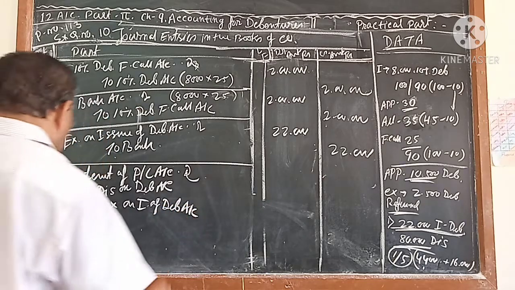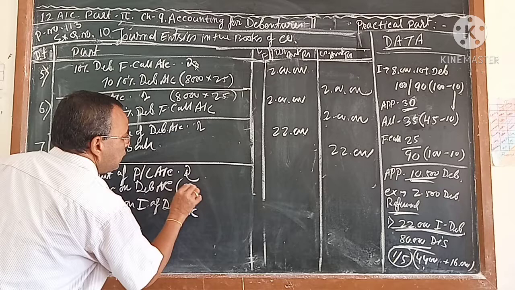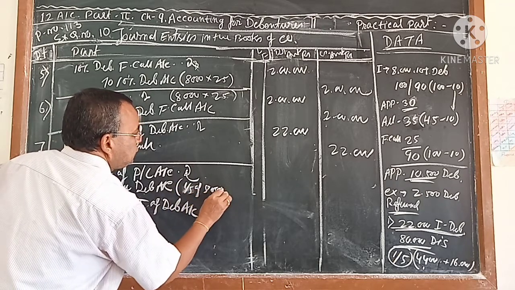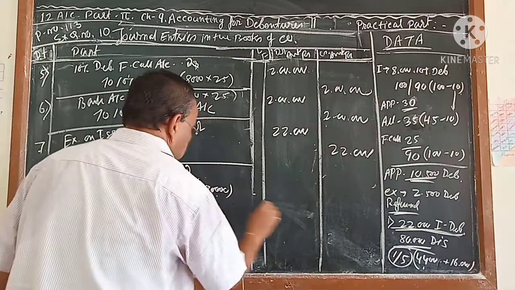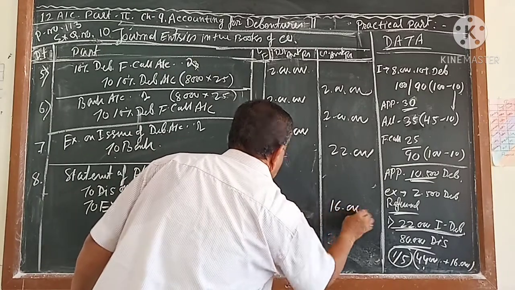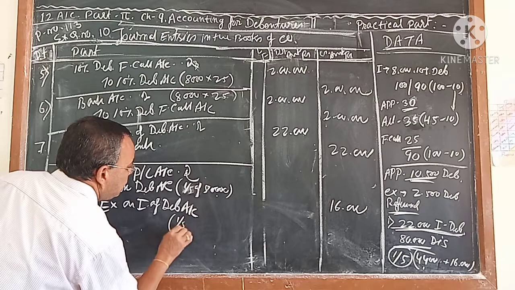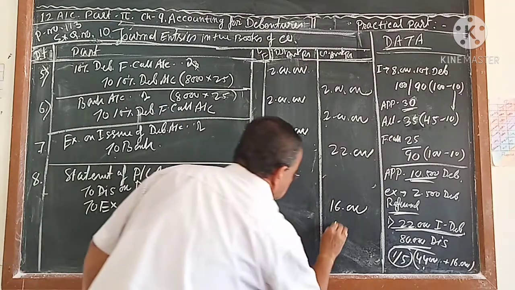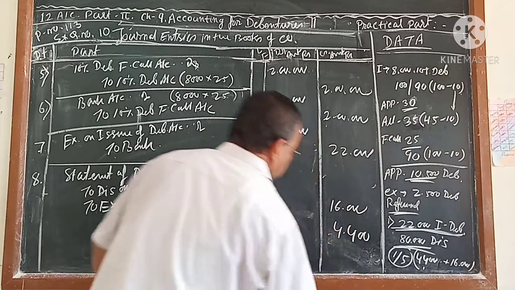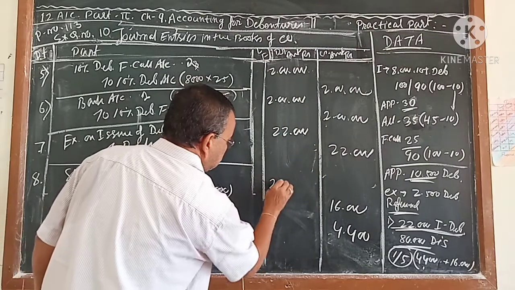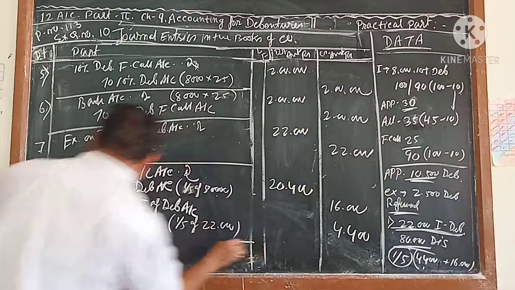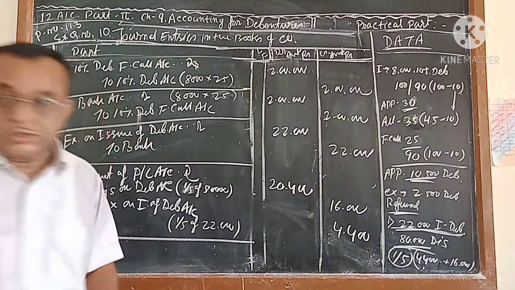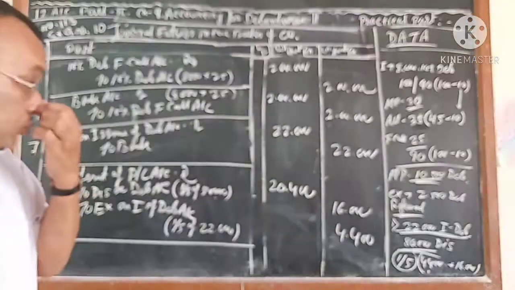This is 1/5 of 80,000, which comes 16,000, and this is 1/5 of 22,000, which comes 4,400. So that means this is 20,400. This is a new journal which was generally not there in the previous class sessions. That new journal you should understand.